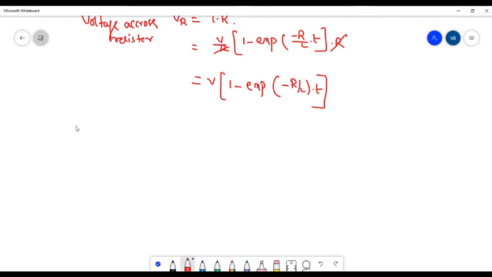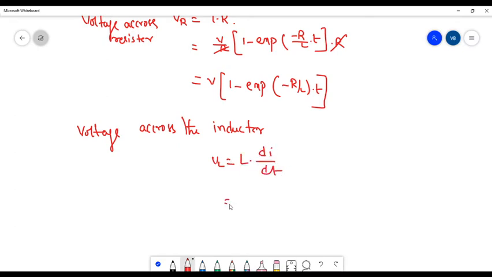So in a similar way, you calculate the voltage across the inductor. What is the voltage across the inductor? That VL is equal to L into di by dt, where L as usual, L into d by dt of the I value. What you got: V by R into 1 minus exponential of minus R by L into t.